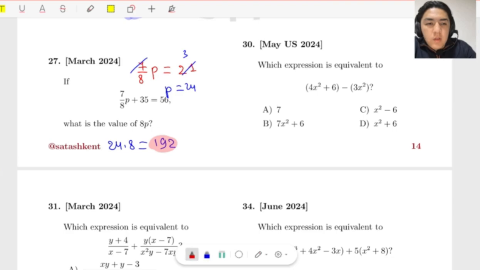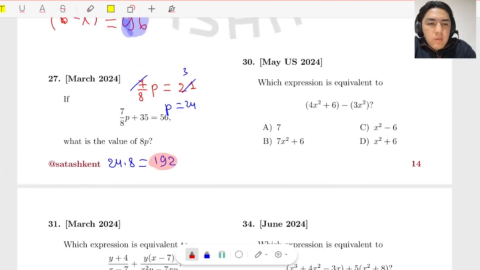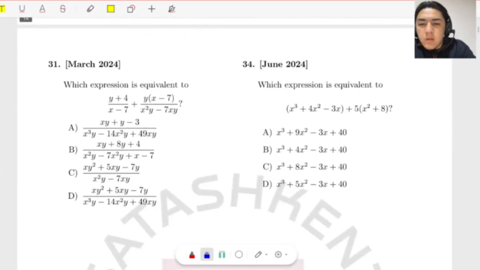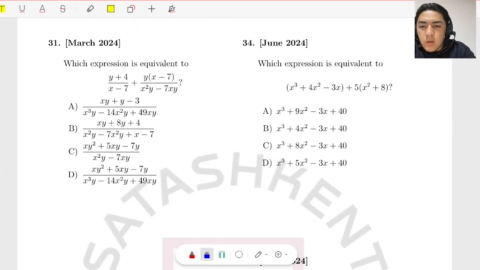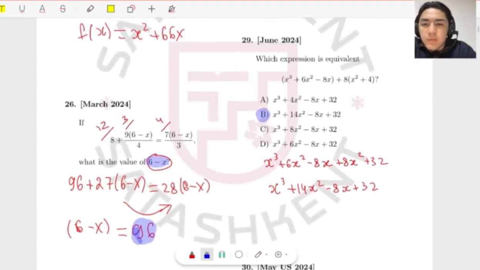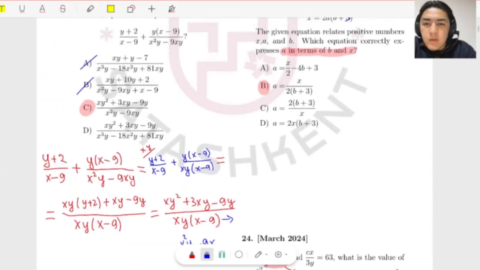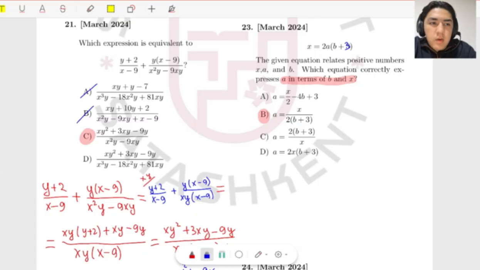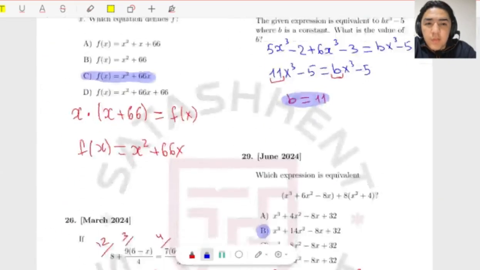Question number 13. So it will be x squared plus 6. The question type, as I have already mentioned, is the same, as you can see, with this one. There are some parts and numbers that are different, but the question type is the same.